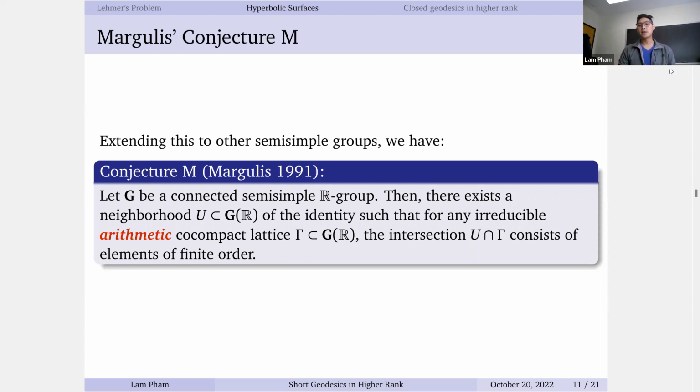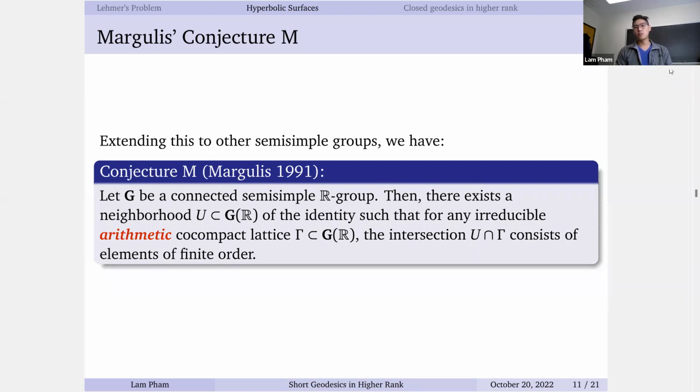I should mention that, technically speaking, this is not the exact statement in Margulis' book. Margulis' book has a statement asking for the real rank of G to be greater than or equal to 2, due to the fact that in rank 1 we have non-arithmetic lattices. But what really matters from the perspective of the previous number theoretic conjectures that I gave is the fact that this lattice is arithmetic.